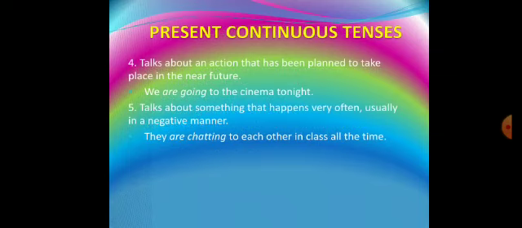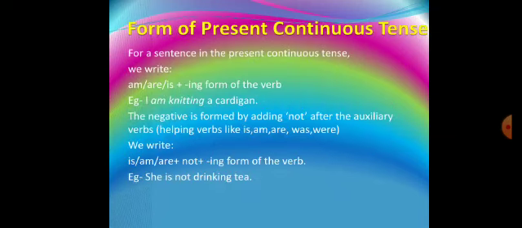For example, they are chatting to each other in class all the time. That means all the time they are chatting to each other in the class, and this is something which is not good.